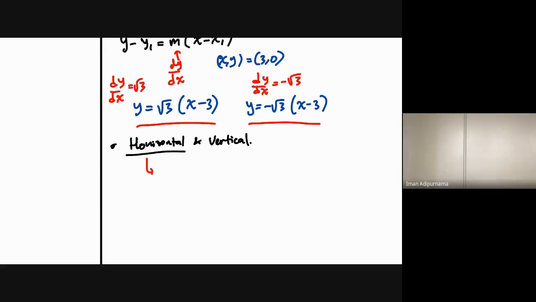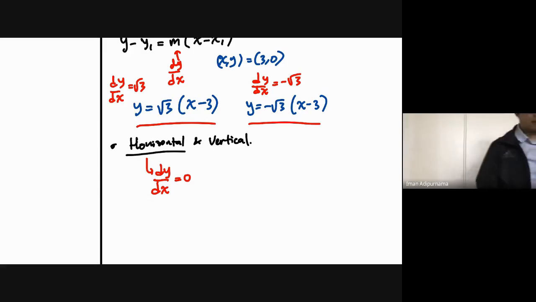If you see the tangent going up, it's positive, okay? And then if it's going down, it's negative. So in between, there will be 0, right? So the tangent should be 0.